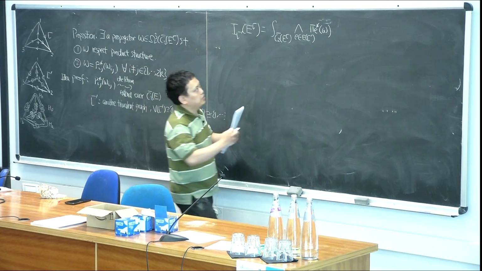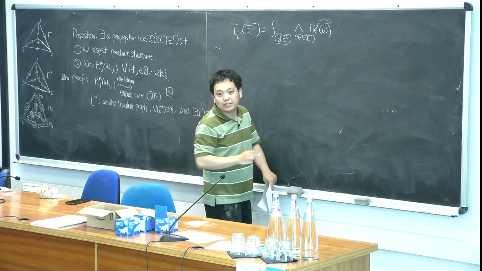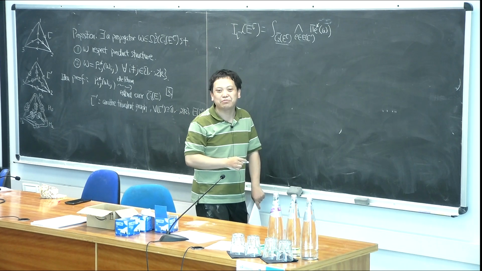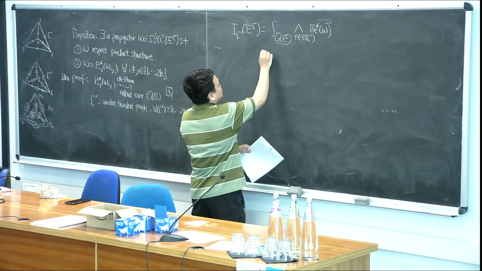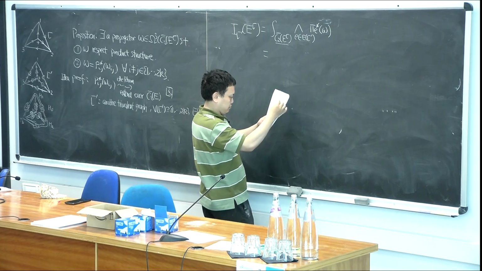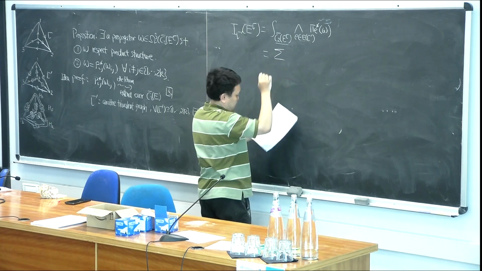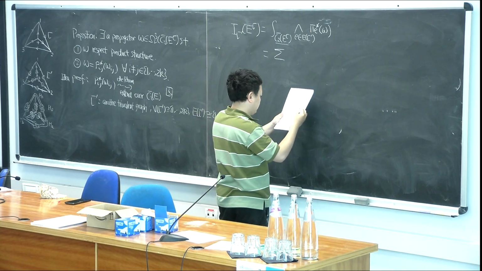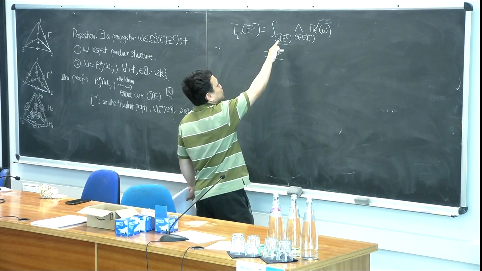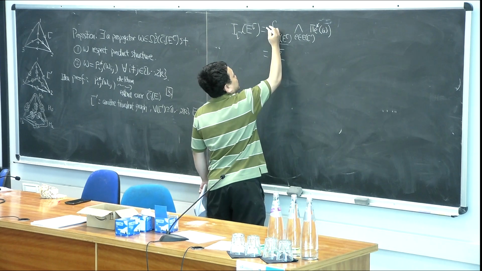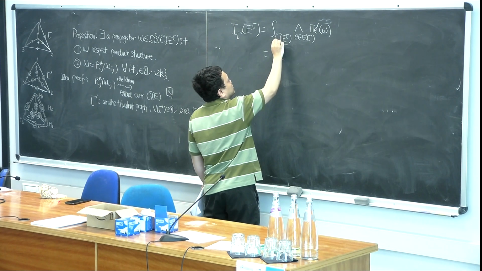Now, we have already decomposed this configuration space into 2k plus 1 squared pieces. Sorry, this is n.